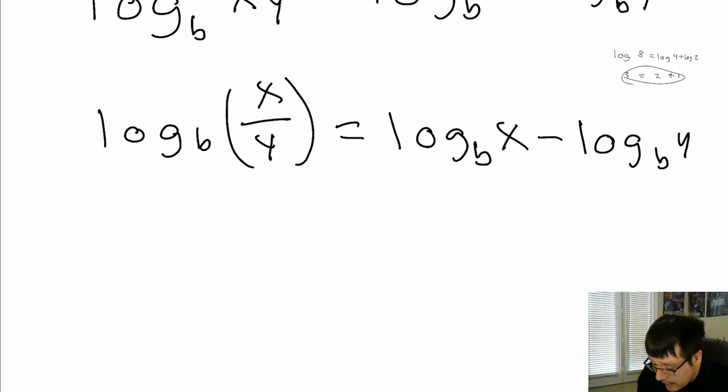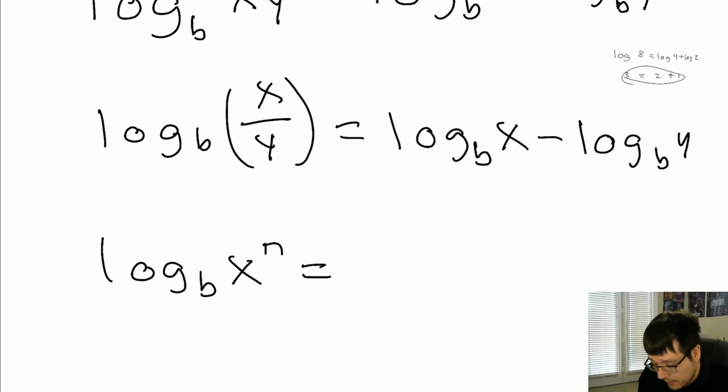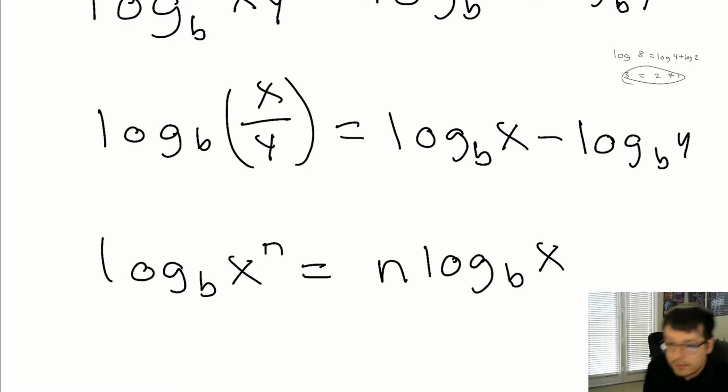Okay? Now here's a really cool one that you're going to be using a lot. And hint, you might actually use this for the example that I gave earlier. When you have x to some power n, and that's what you're trying to solve, this exponent can be brought down, okay? So this becomes n times log base b of x, okay?